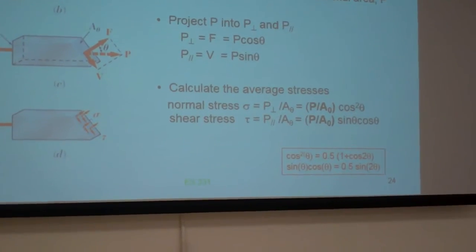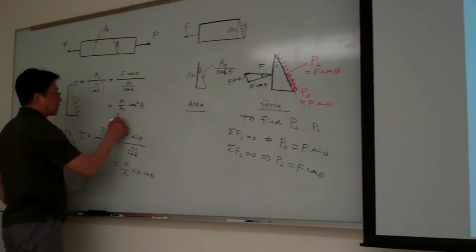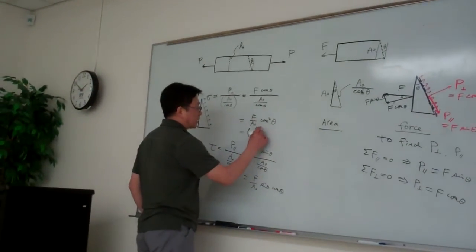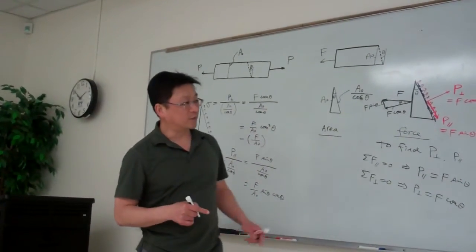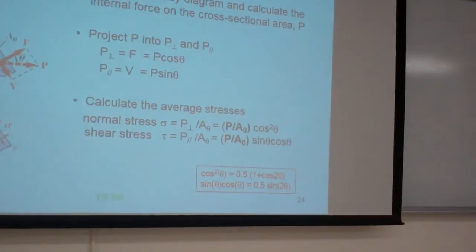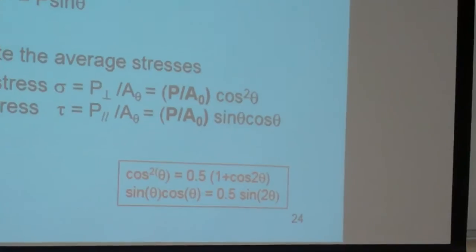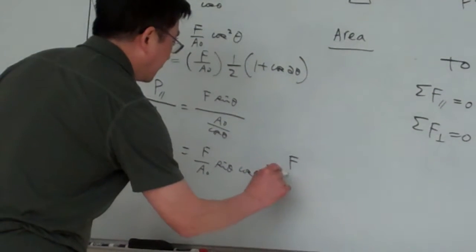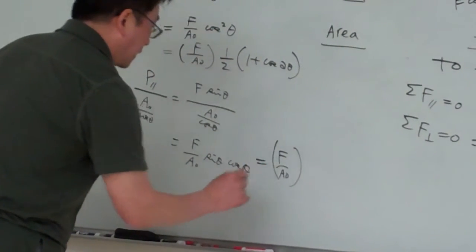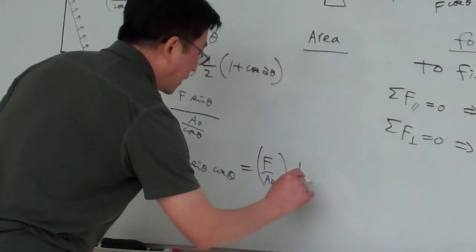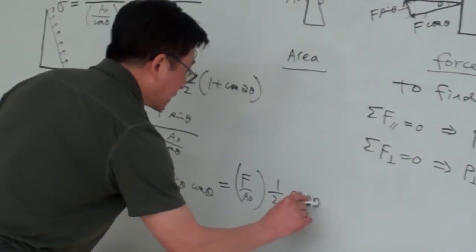So basically here, that would be equal to F over A now, and cosine squared theta becomes 0.5 times 1 plus cosine 2 theta. And then this one becomes F over A now times 1/2 sine 2 theta.